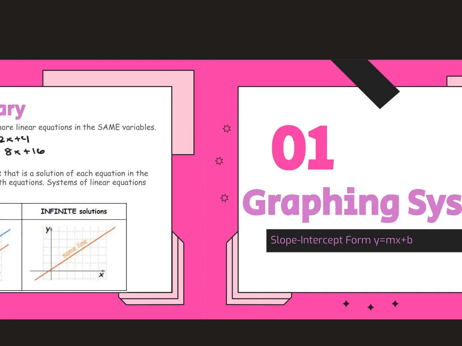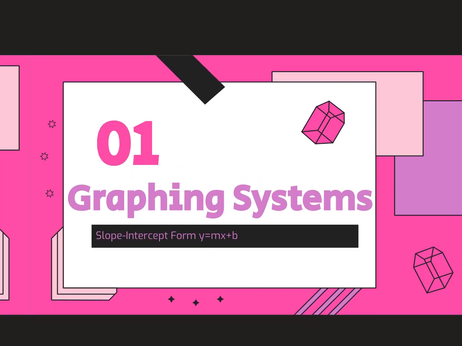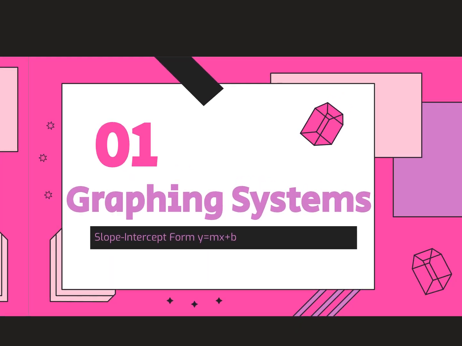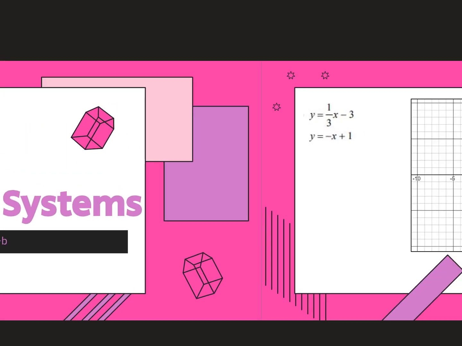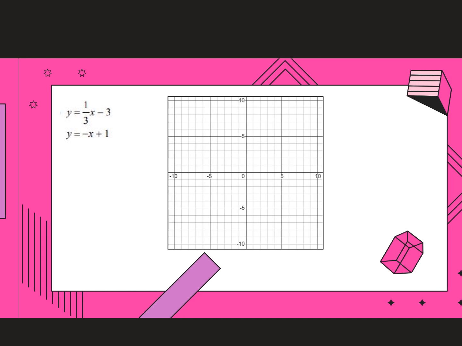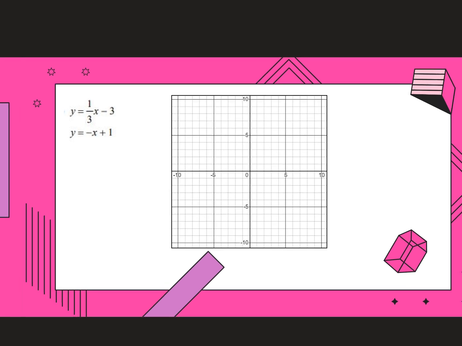All right, so let's take a look at when we're graphing a system in slope-intercept form, so meaning that's in the form y equals mx plus b. If we go back to our graphing unit, when it's in slope-intercept form, we identify the slope, which is the m, and the b, which is the y-intercept.